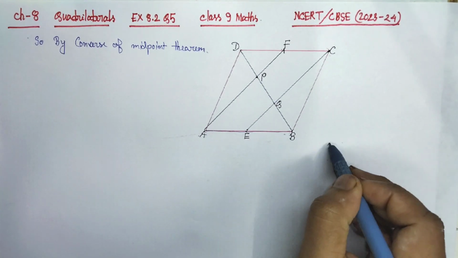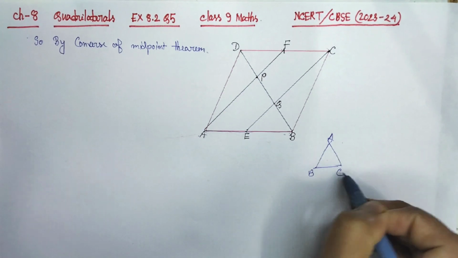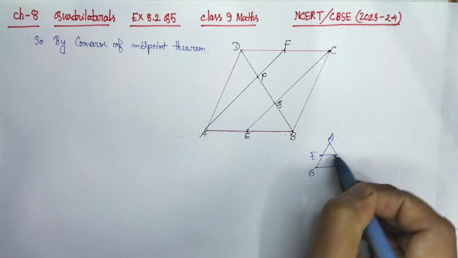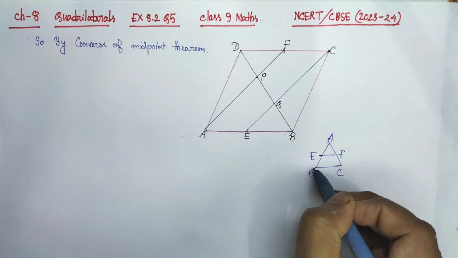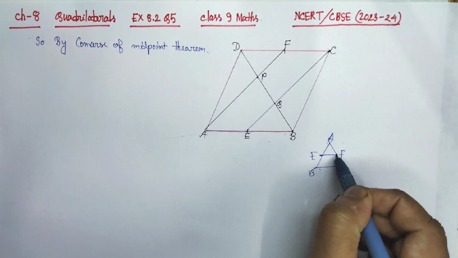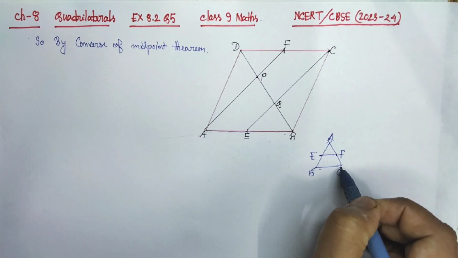In triangle ABC, if a line is drawn through the midpoint of any one side parallel to another side, then it bisects the third side. That means AF equals FC, so F is the midpoint of AC.